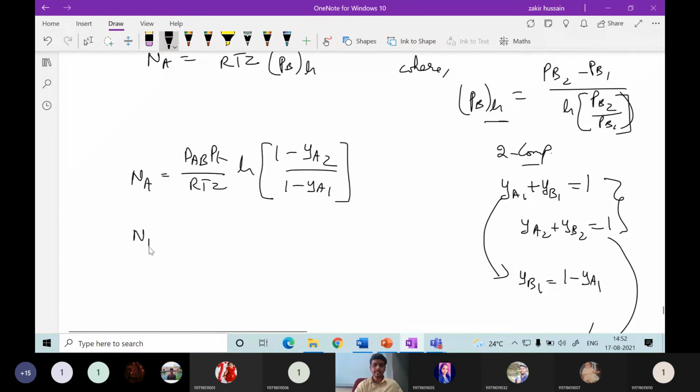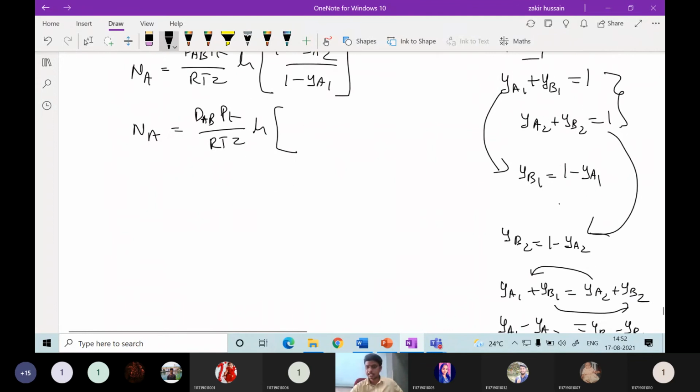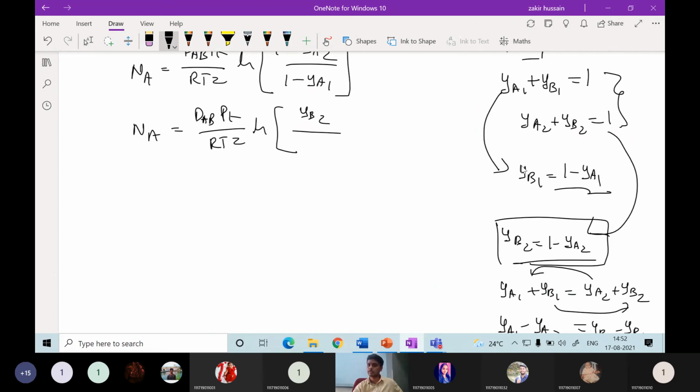From this, we can write NA is equal to DAB PT by RTZ ln of 1 minus YA2, which is YB2, divided by 1 minus YA1, which is YB1. If you multiply this with 1, there is no harm.